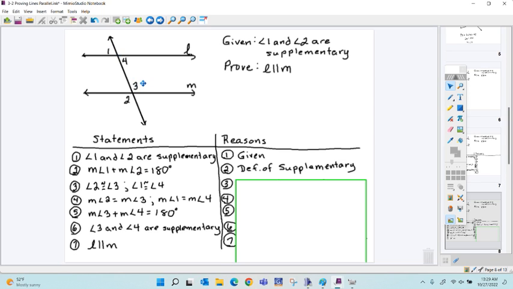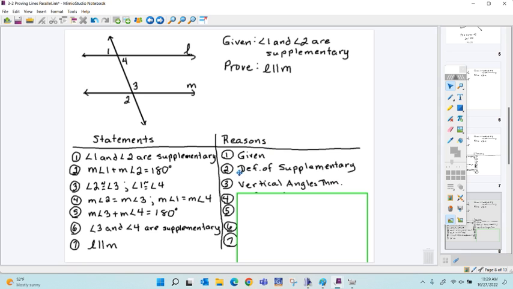Is it one of the things we learned yesterday? It is not. It's something we learned in chapter 1, but we also talked about it again yesterday. What do you think? Hold on. The vertical angles. Oh. And we know that vertical angles are congruent. So it's the vertical angles theorem, but if you just write the phrase vertical angles are congruent, that is also fine.